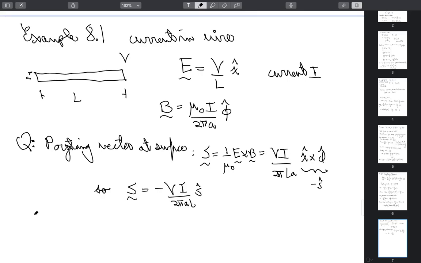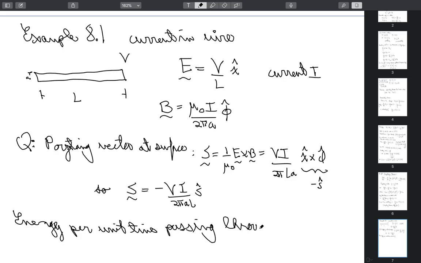Okay, so the energy per unit time passing through the surface of the wire.